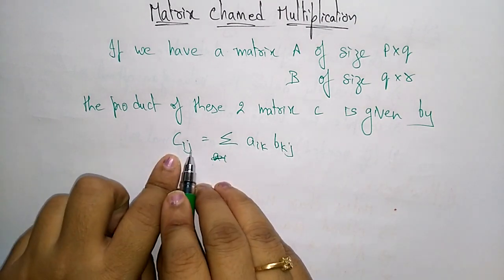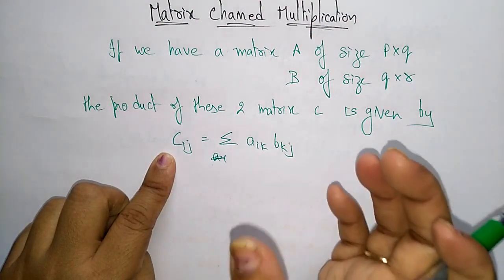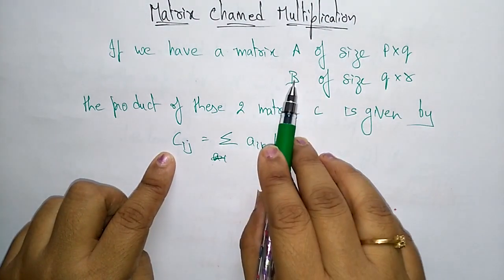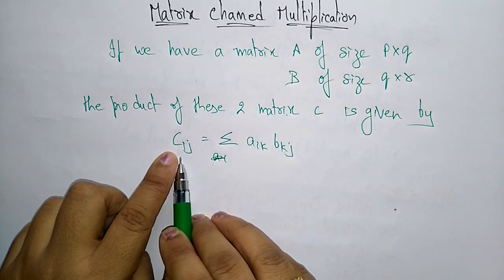Okay, so this is the formula for multiplying two matrices A and B. If you multiply the two matrices, the result is C.